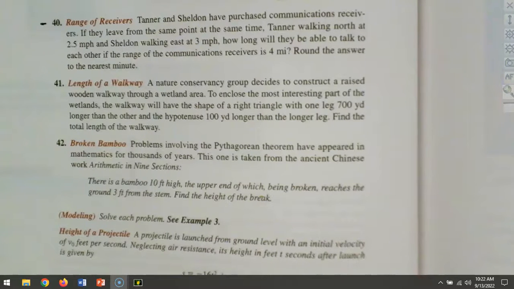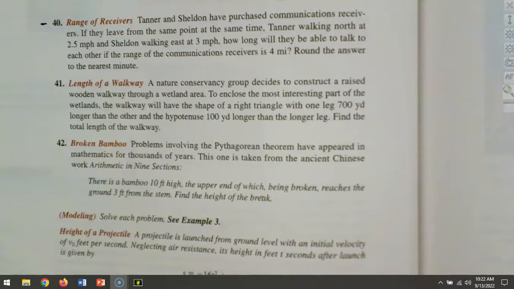This also is going to be a right triangle problem. And so on question 40, Tanner and Sheldon have purchased communication receivers. If they leave the same point in time, Tanner walking north at 2.5, Sheldon walking east at 3.